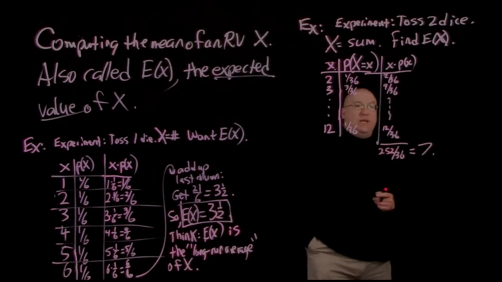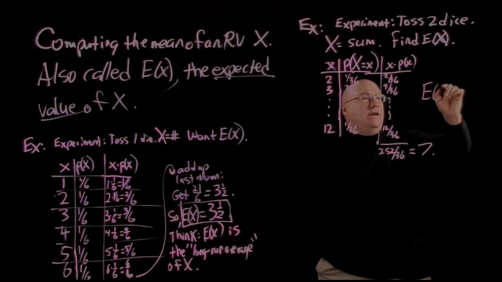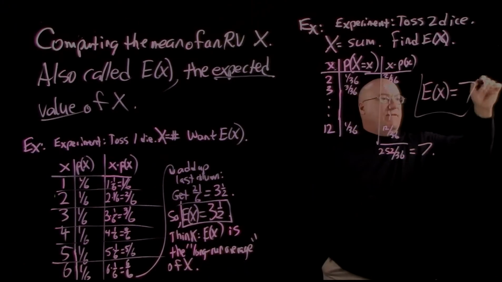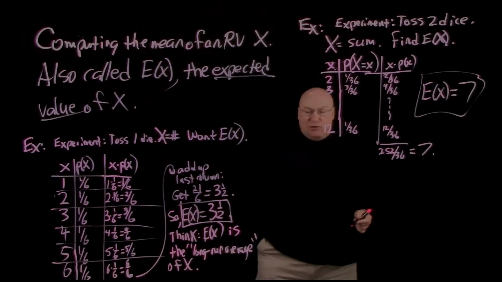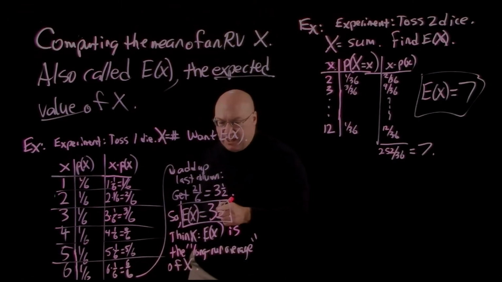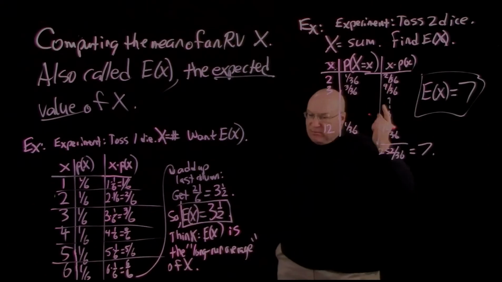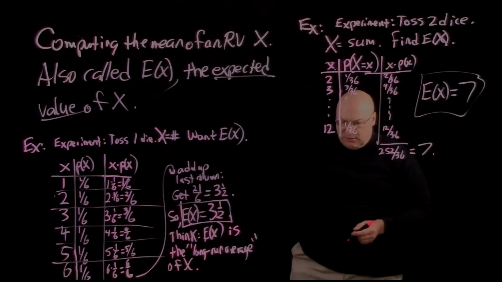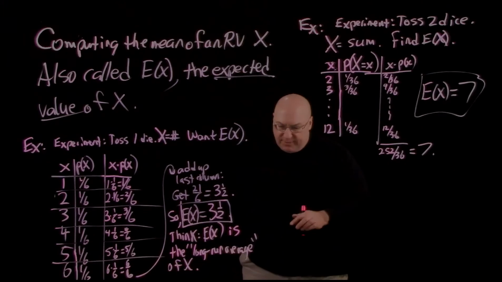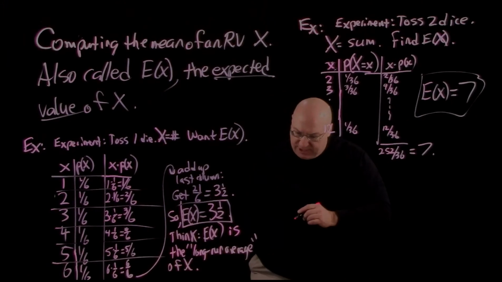All right, so the expected value of x here is 7. Which maybe shouldn't shock you too much, since tossing 1 die, the long run average is 3.5. Tossing 2 dice, the long run average of the sum is double that, 7. Shouldn't be too shocking.